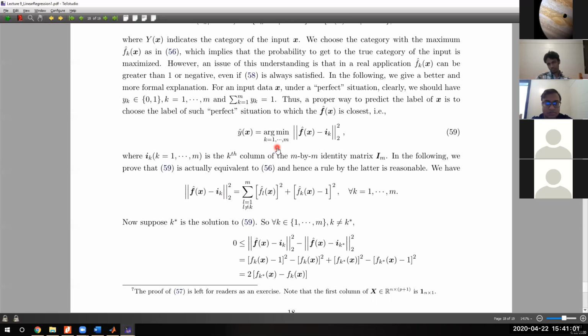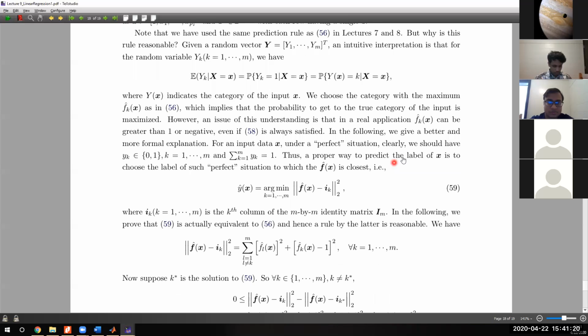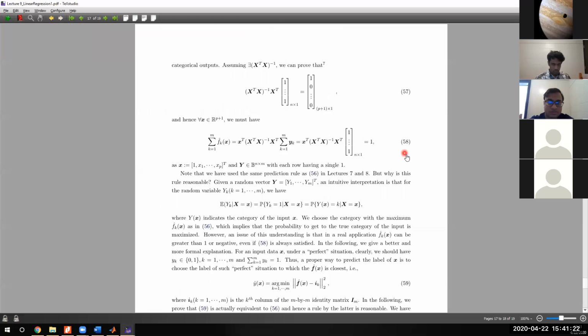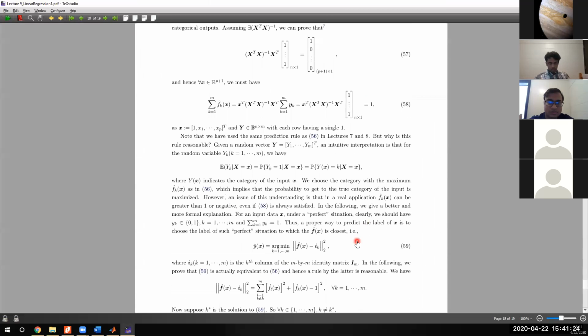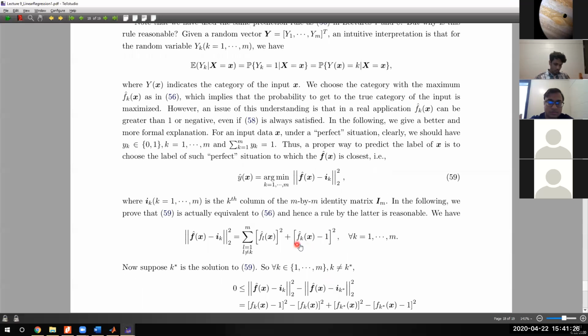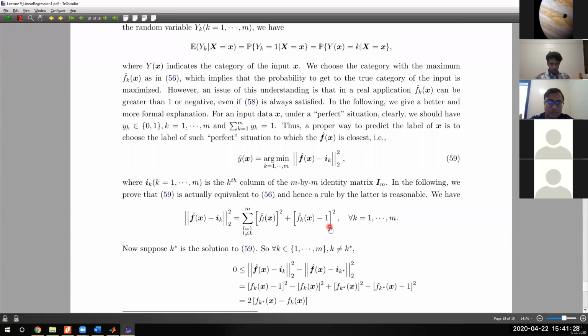For Fx equal to 1, the question is, if you use that value to estimate, how would you predict that this one is a maximum? Because in that case, this one would be the one closest to 1, rather than the maximum one.